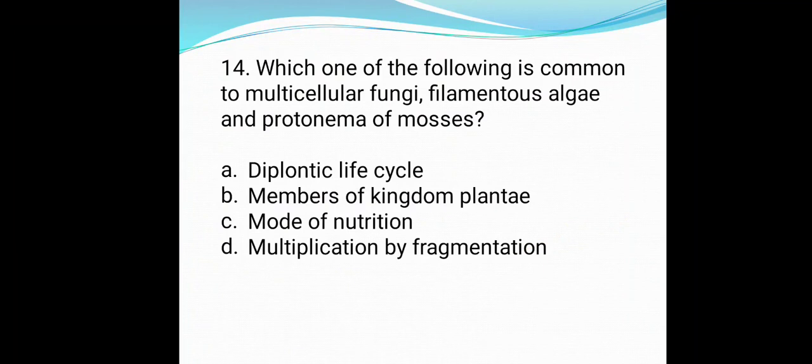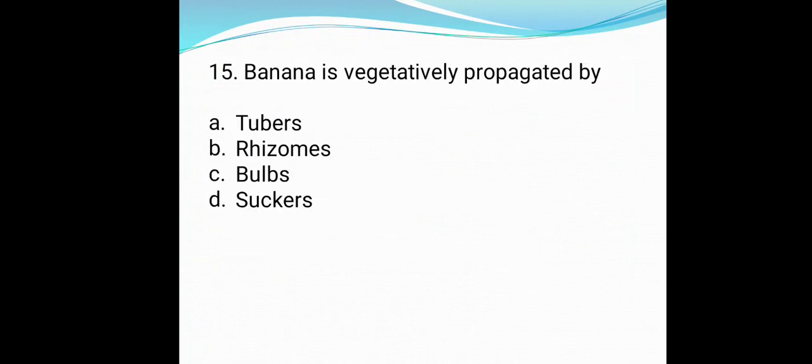So multicellular fungi, filamentous algae and protonema of mosses all show multiplication by fragmentation. The right answer is option D. Let us see the next question.